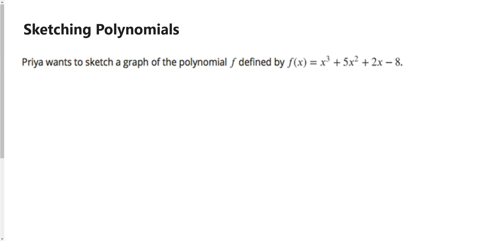And as we discovered, once you know what it looks like in factored form, you know the end behavior, you know the x-intercepts, and all of that. Here, we don't have that. So what do we do? Desmos? Nah. Let's see if we can find some factors.